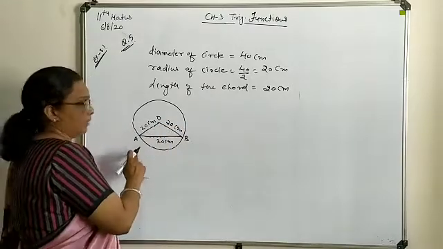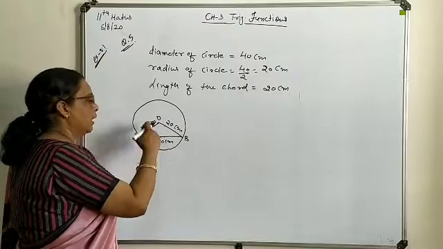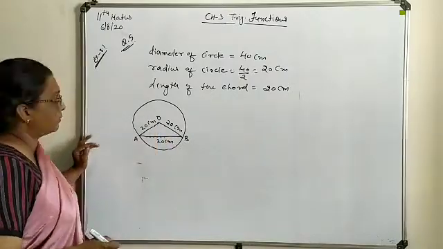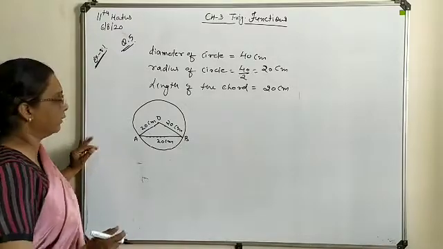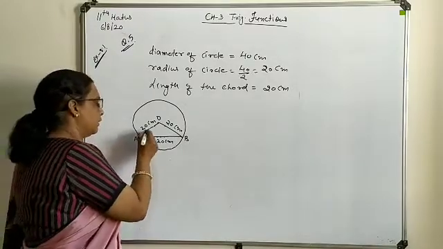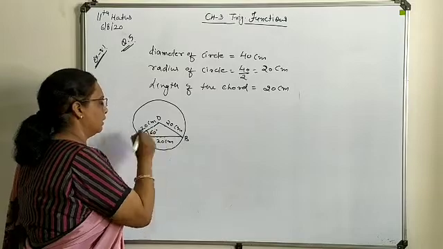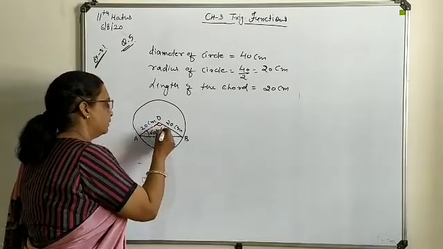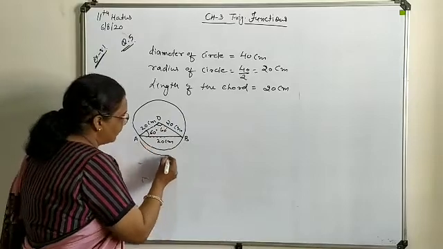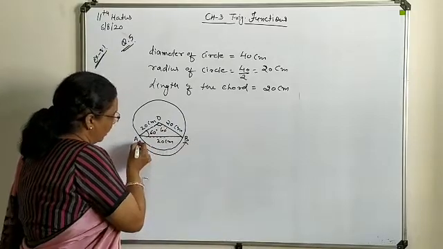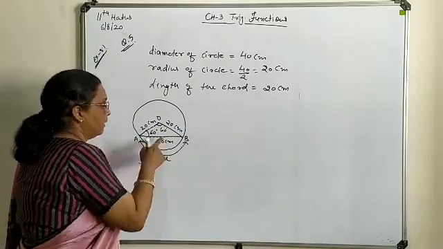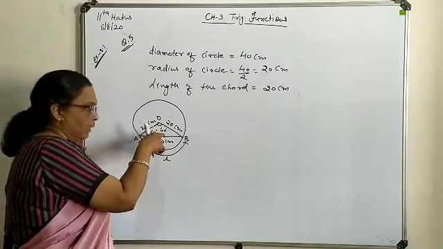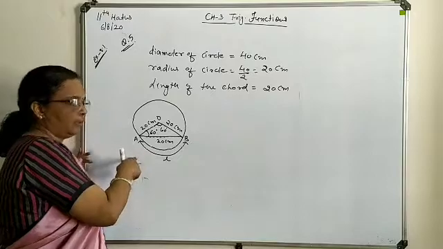If you look at triangle AOB, all the sides are the same, so it is an equilateral triangle. In an equilateral triangle, we know that each angle is 60 degree. So the angle formed at the center by this minor arc is 60 degree, which means this theta is known on the basis of the theoretical concept.